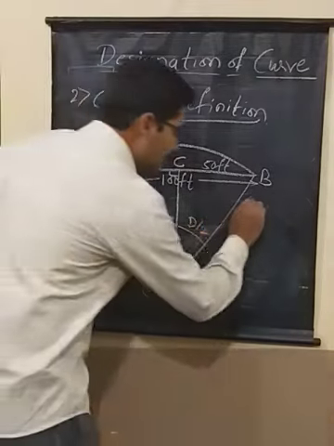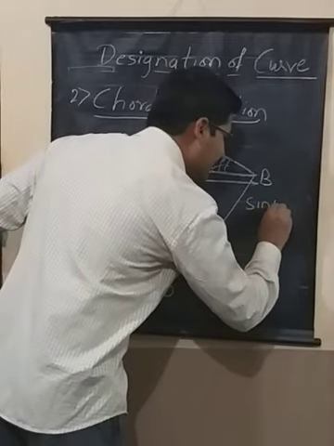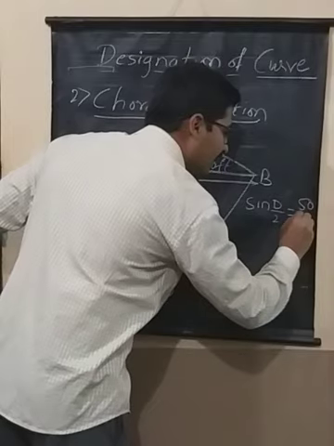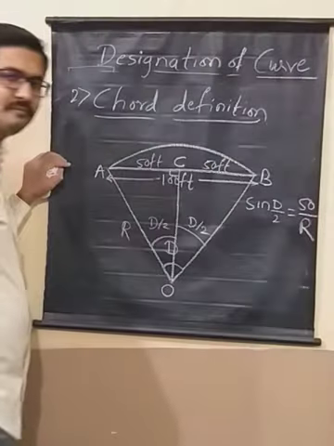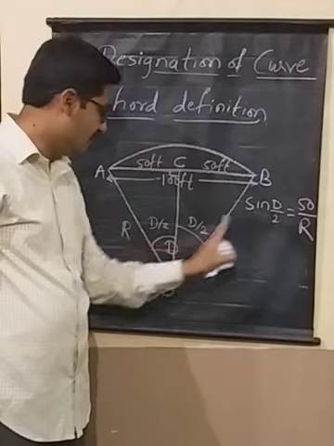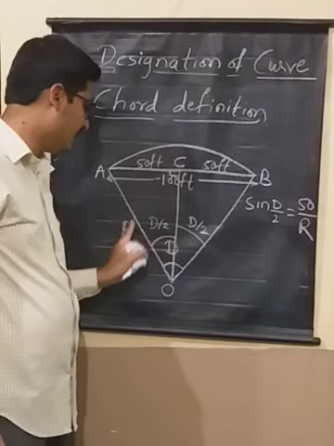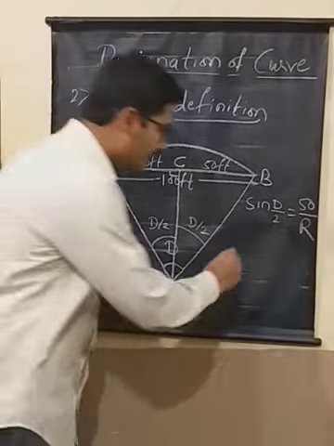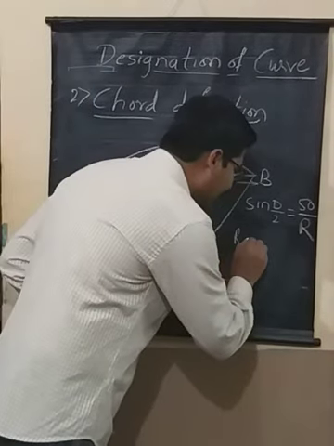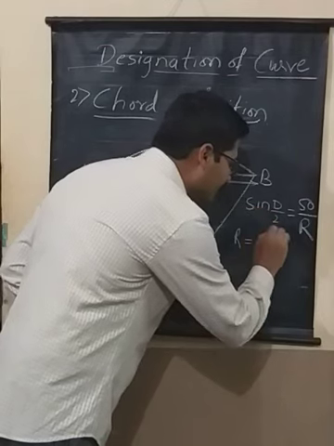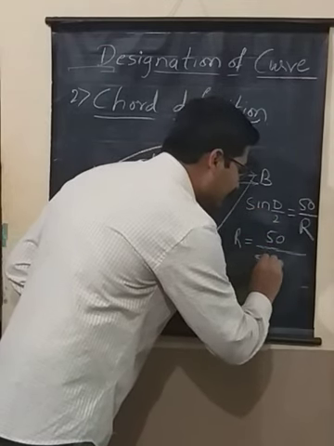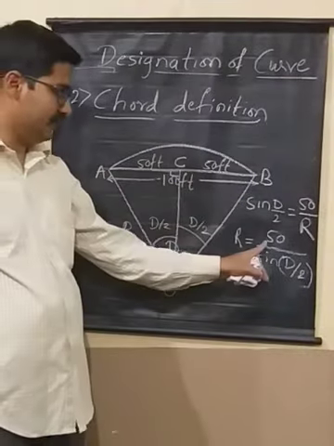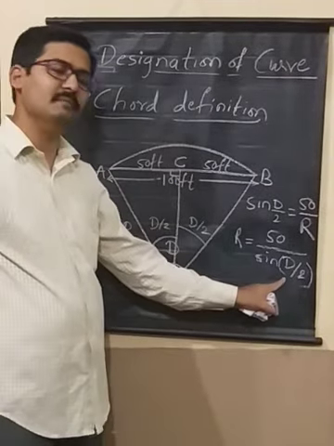So sine D by 2 will be opposite 50 feet, hypotenuse R. Now if I have to consider R, R will be equal to 50 divided by sine D by 2, isn't it? 50 divided by sine D by 2.